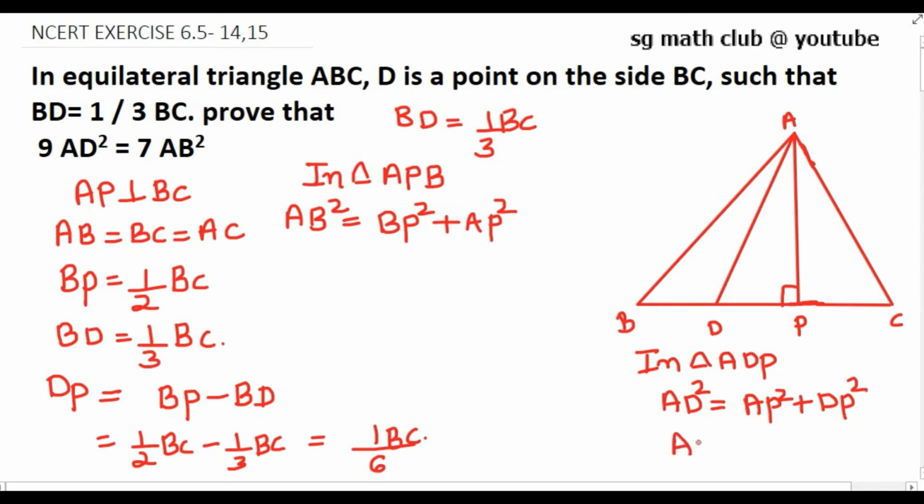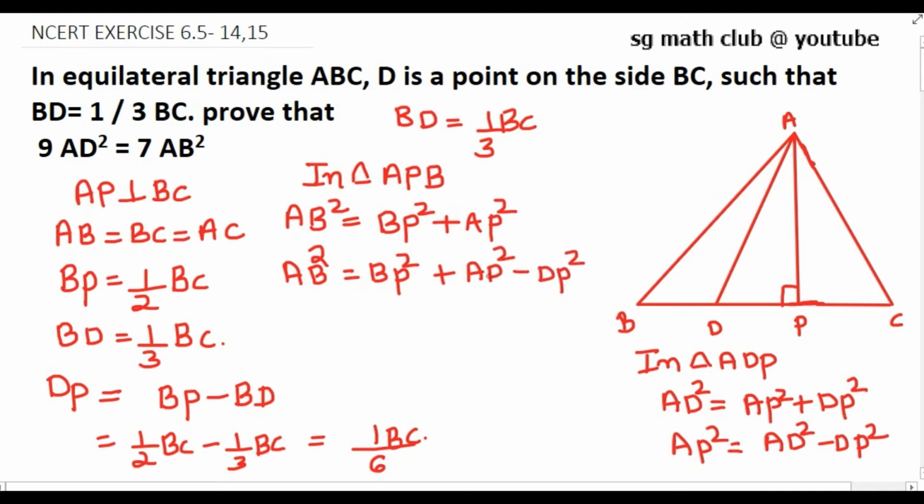From this, AP square is nothing but AD square minus DP square. So I am going to substitute this AP square as AD square minus DP square in the expression for AB square.